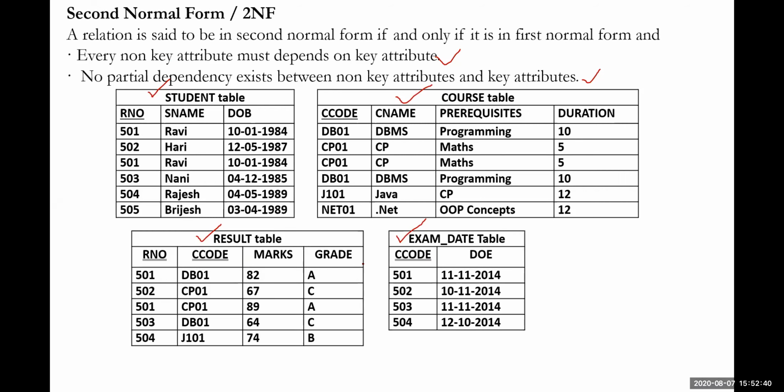We have identified that roll number, or register number, is the primary key, and course code is also a primary key. We also identified these two as foreign keys, and in the examination table this is a foreign key. Of course, we may eliminate this one in third normal form.